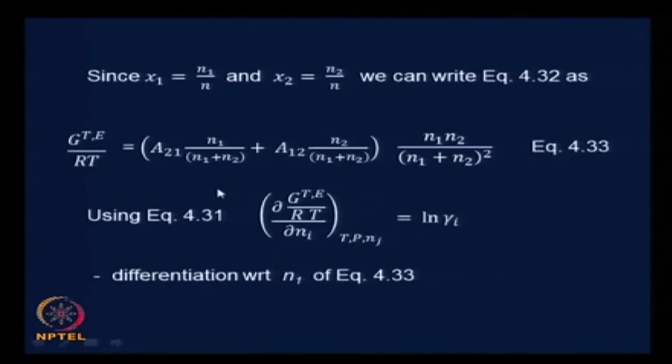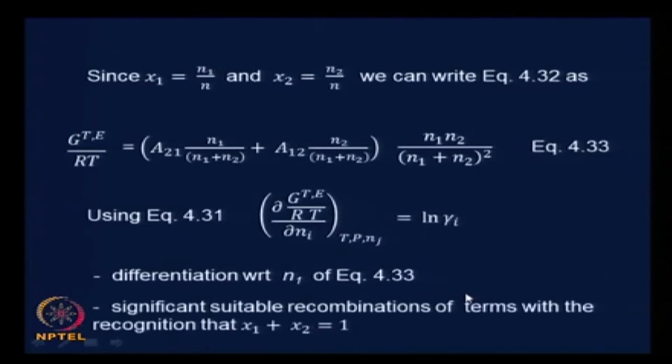The steps are very straightforward. You need to differentiate this expression, the partial derivative of GE by RT with respect to Ni, that is on the left hand side. You need to differentiate partially with respect to, let us say, N1 in this case, at constant T, P and N2, and you will have to do recombinations, they may be significant, of the terms, with the recognition that the sum of the mole fractions in any system equals 1.